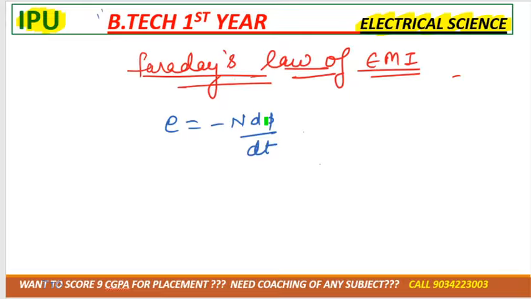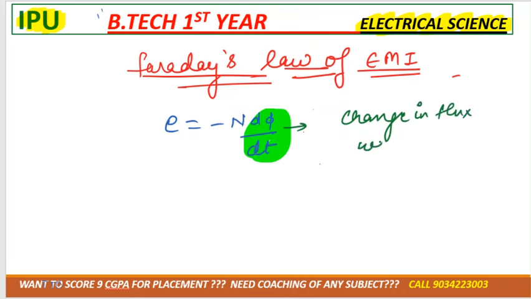What do you mean by d phi by dt? d phi by dt means change in flux with respect to time. So he said that if there is a change in flux, then EMF will be induced. If there is no change, then EMF will not be induced.